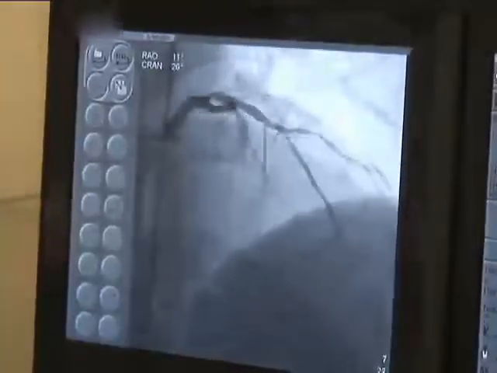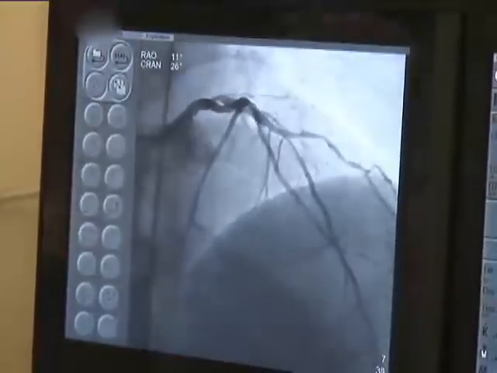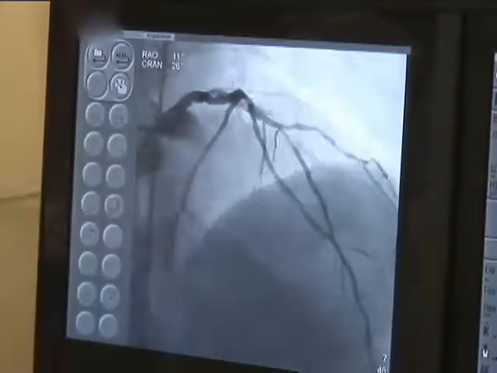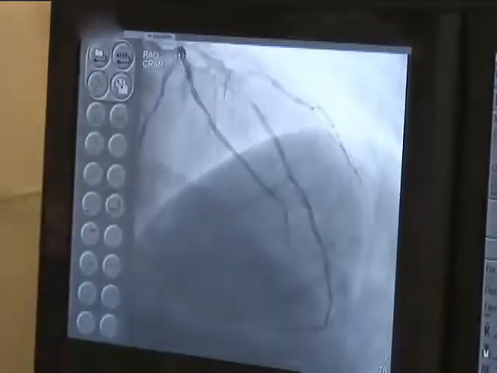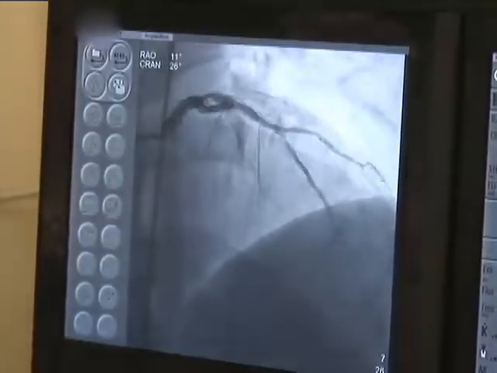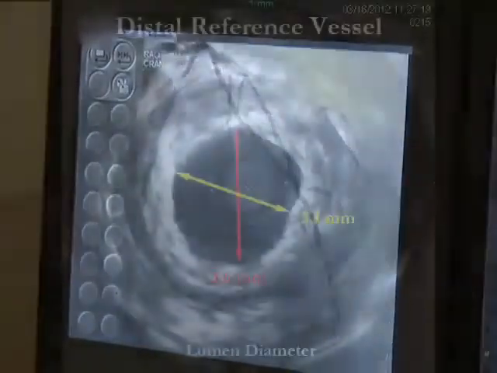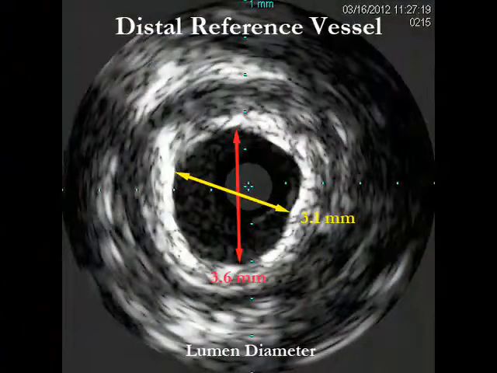To interpret the IVUS images, several measurements along the vessel of interest are made. First is the distal reference vessel, which is a segment of vessel beyond the lesion of interest, which is used for normal vessel reference sizing. First, the lumen cross-sectional diameter is measured in 2 perpendicular planes.